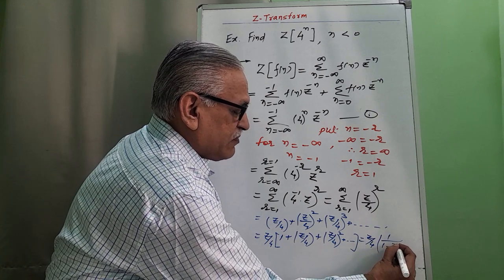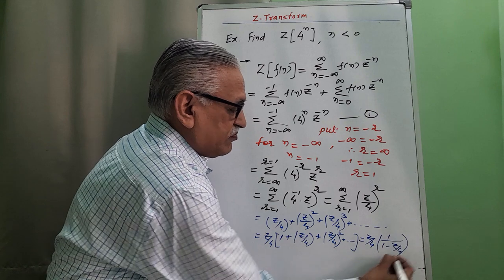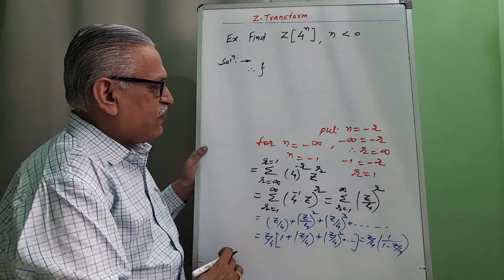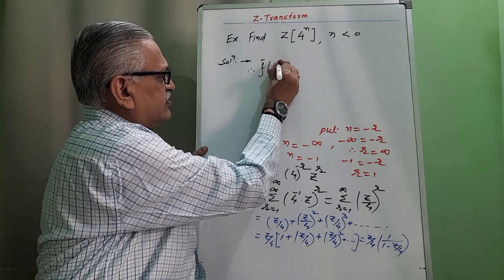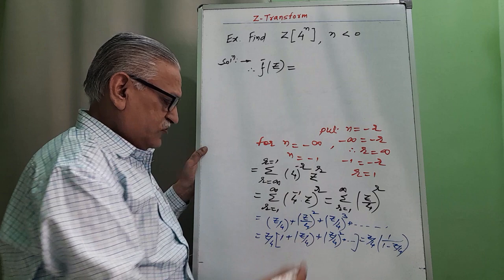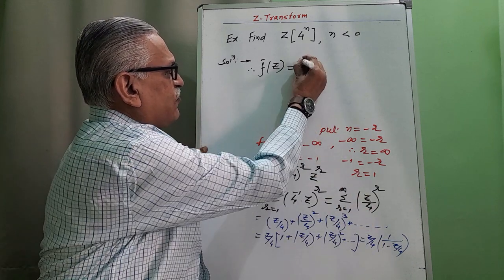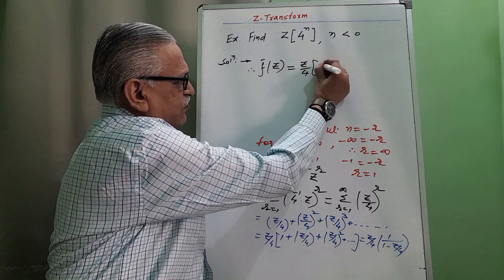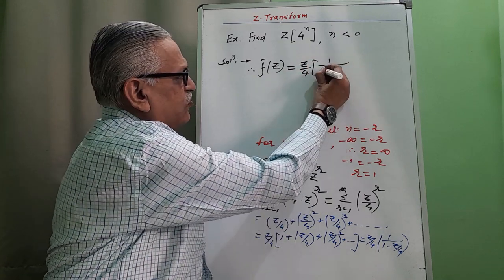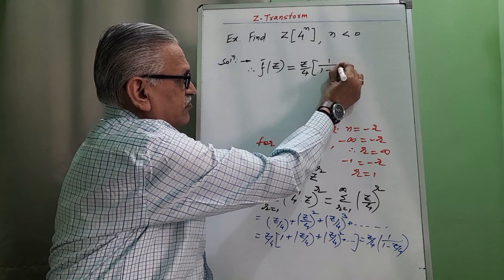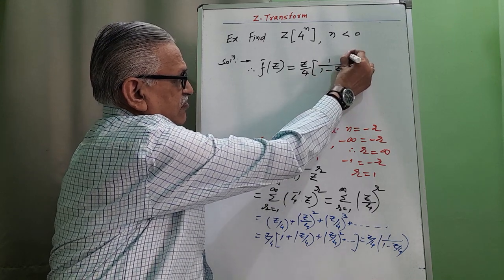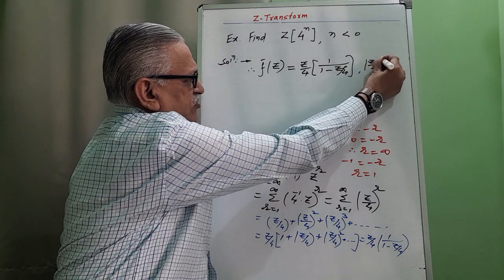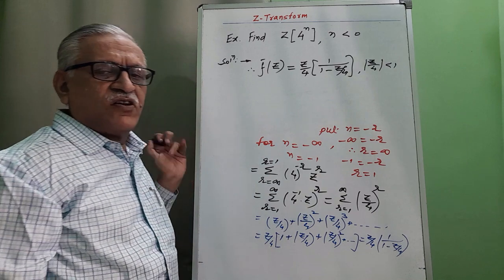Here X is z by 4. So we have the Z transform of f of n, nothing but f bar of z, equal to z by 4 multiplied by 1 upon 1 minus z by 4, with the condition mod of z by 4 less than 1, the region of convergence.